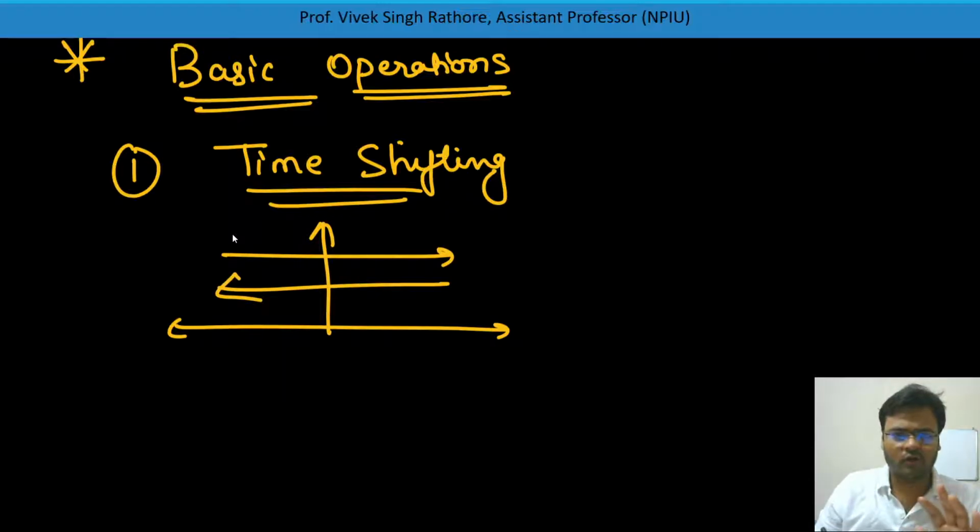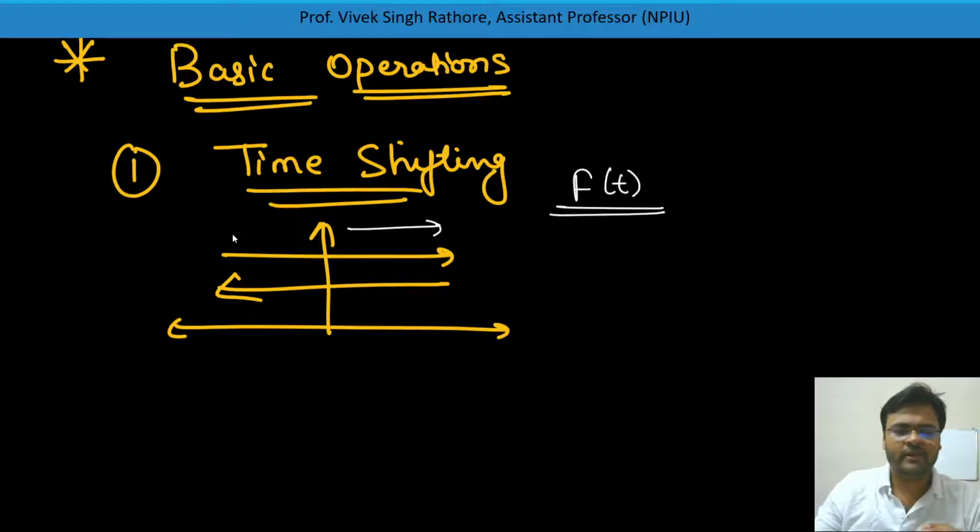These two are the only possible ways we can shift. If the signal is f(t) and we shift it towards the right-hand side, we are actually delaying the signal.